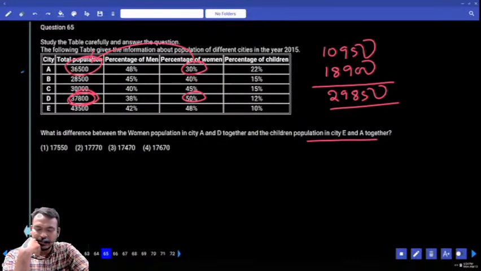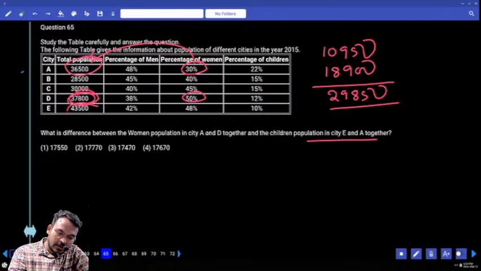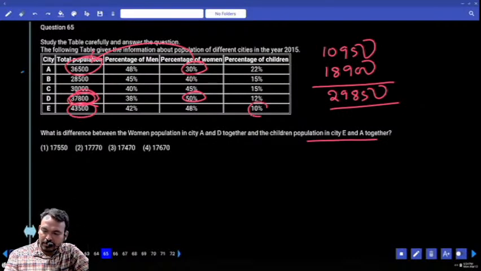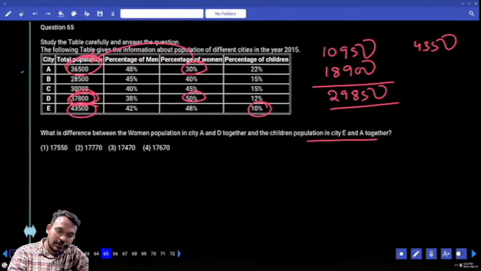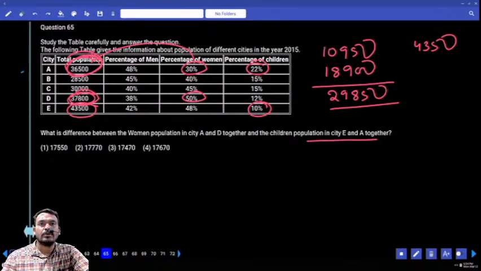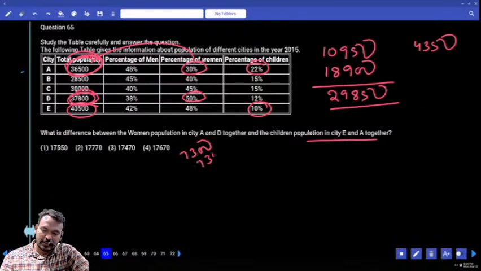Again, the children population of city E. Out of 43,500, children is how much percent? 10%. What is the 10%? 4350. In A, out of 36,500, children is how much percent? 22%. What is the 10%? 3650. 20% is 7,300. Next 2% is 730.